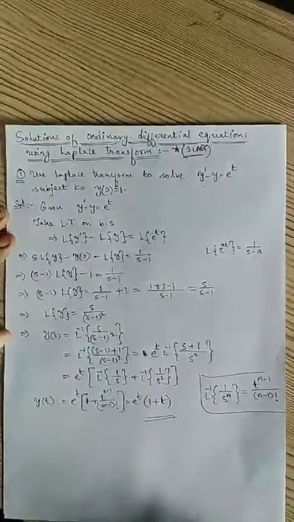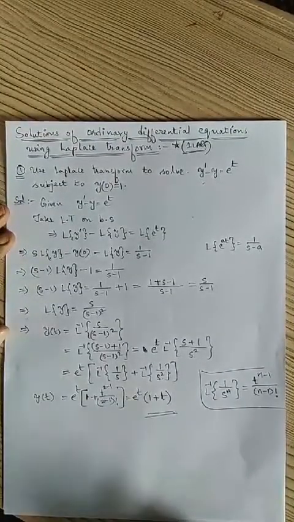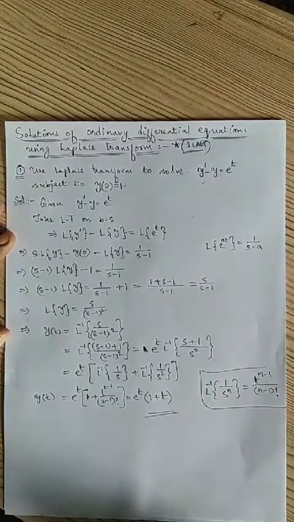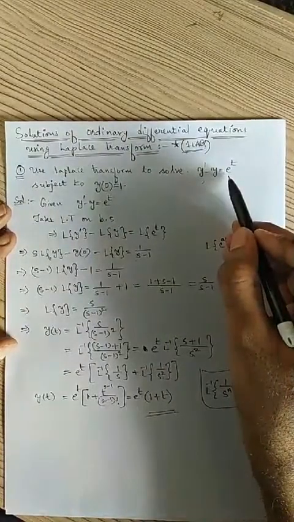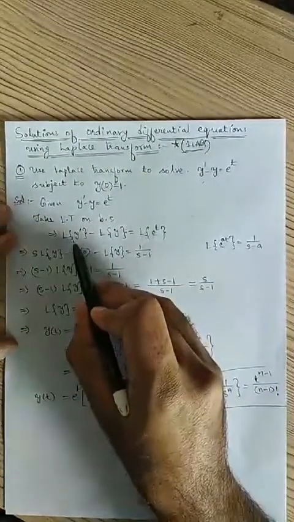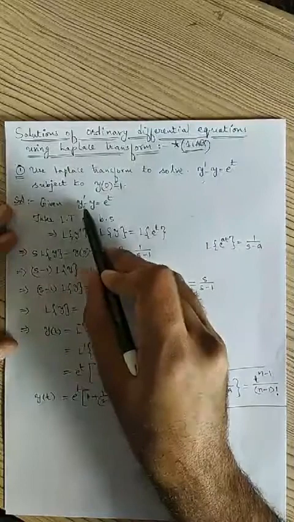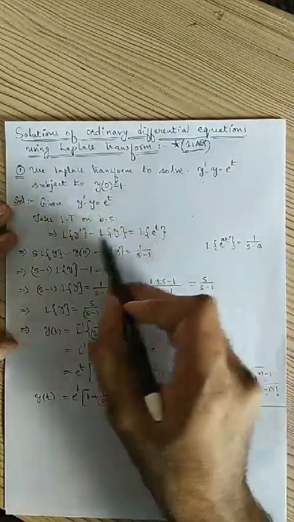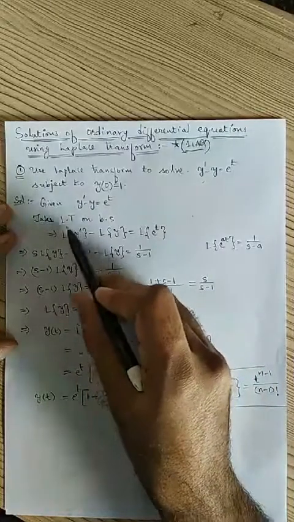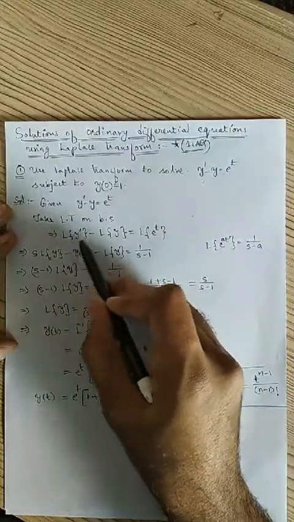This is the final solution required for the given differential equation subject to the condition y of 0 equals 1. Right? So what we are doing, I'll explain the procedure once again. For the given differential equation, we have to apply the Laplace transform on both sides. For every term we have to apply Laplace transform. Now Laplace transform of derivatives we have to use wherever derivative is there.